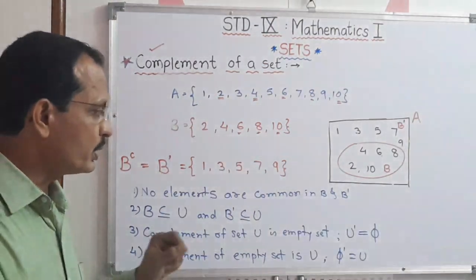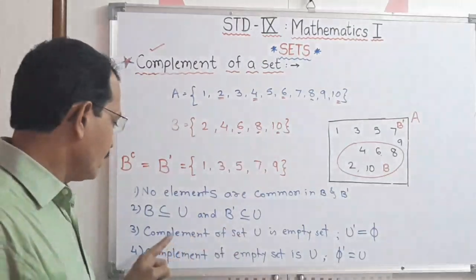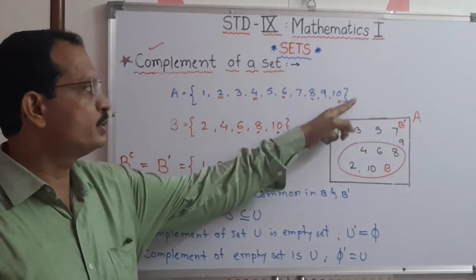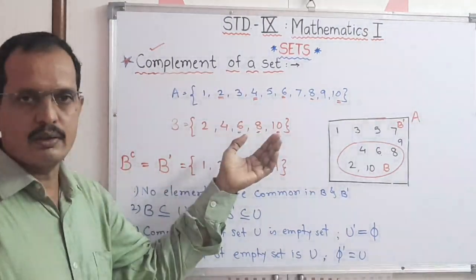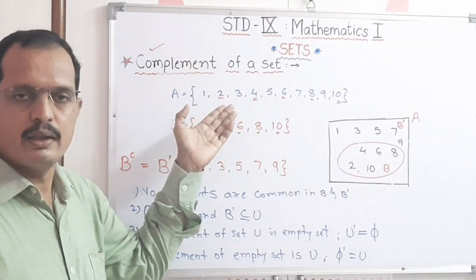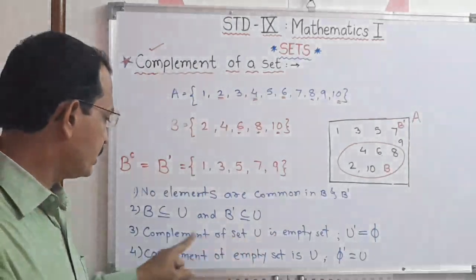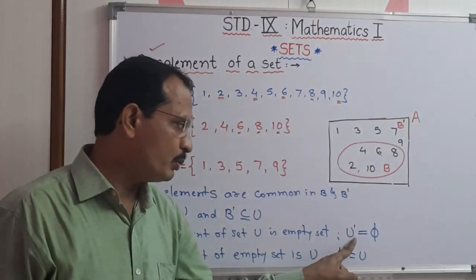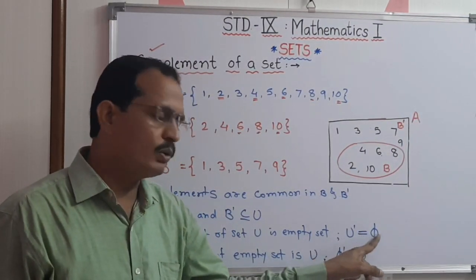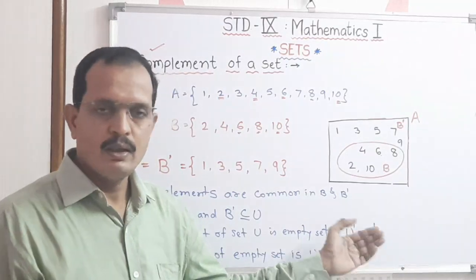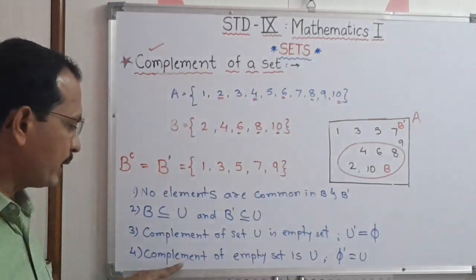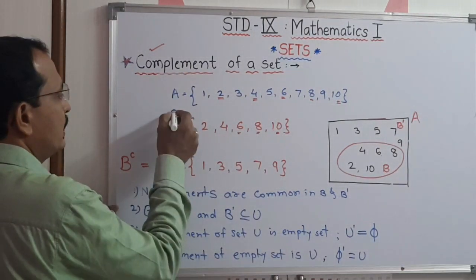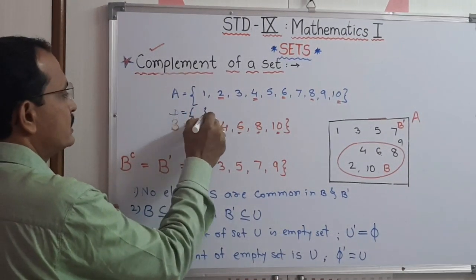And property about the empty set. Complement of a set U. Suppose U set is given, and if we have to write the complement of that, then there is no element. Therefore dear student, complement of set U is always the empty set. Therefore we can write here U dash is equal to empty set. Same way, if we have to write the complement of an empty set, suppose A is given and D set is given which is an empty set.